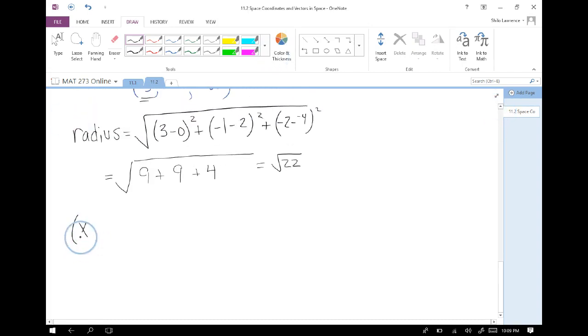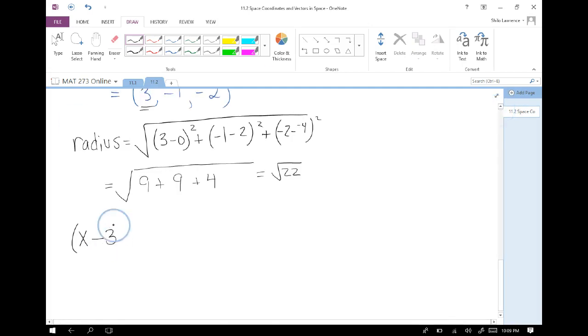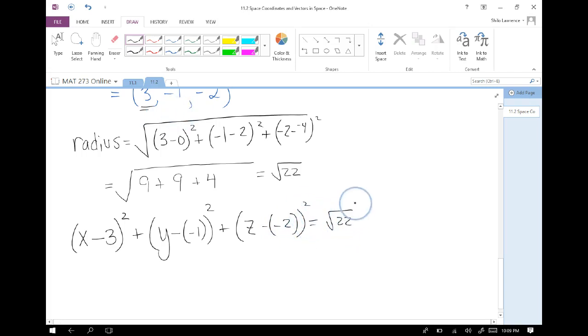And the sphere is going to be x minus your x coordinate, which is 3, squared, plus y minus your y coordinate, which was -1, squared, plus z minus your z coordinate squared equals your radius squared. And we're going to clean it up just a little bit.